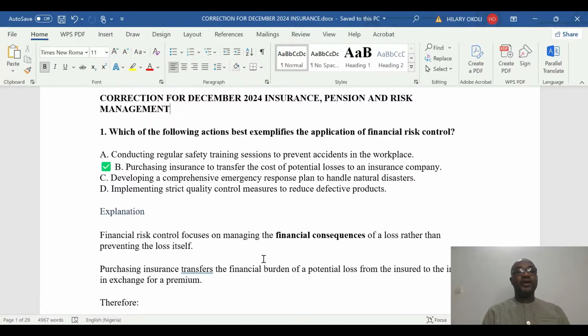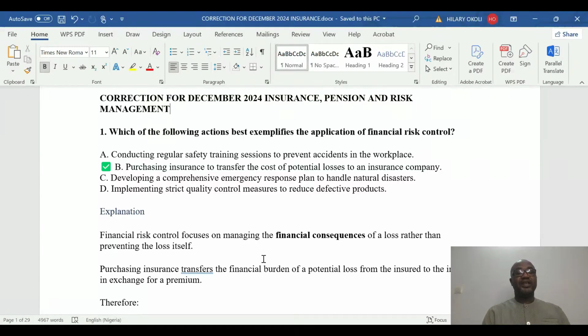So in the instance where the question says which of the following actions best exemplify application of financial risk control, going through the options that we have from A, B, C, and D, the question did say that best exemplify. So the answer is B, purchasing insurance to transfer the cost of potential losses to an insurance company.